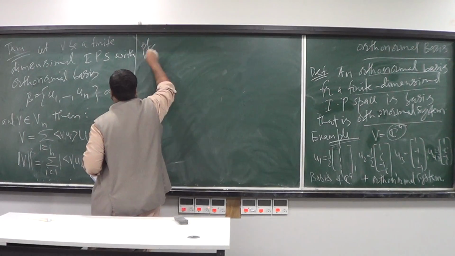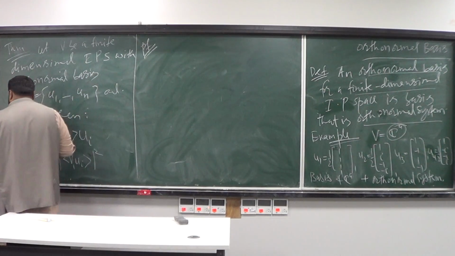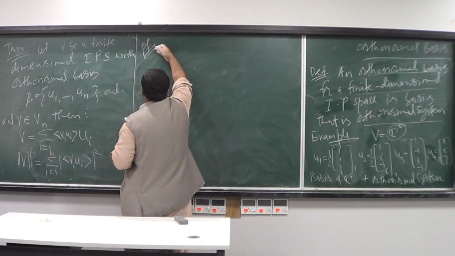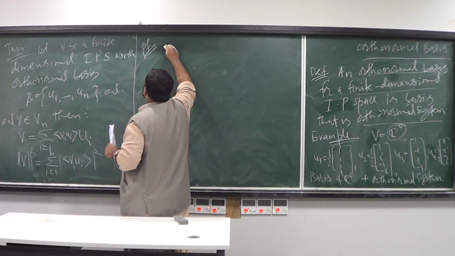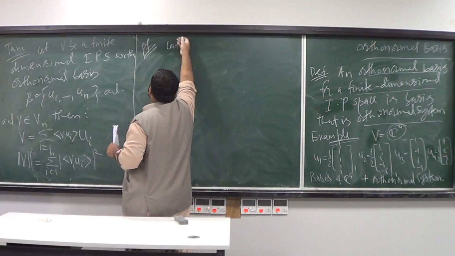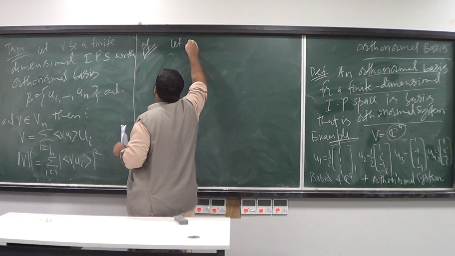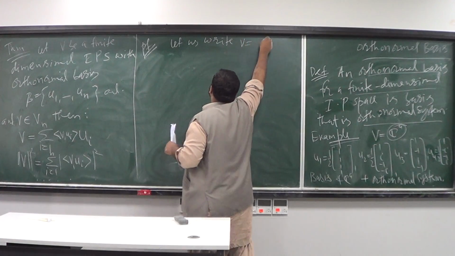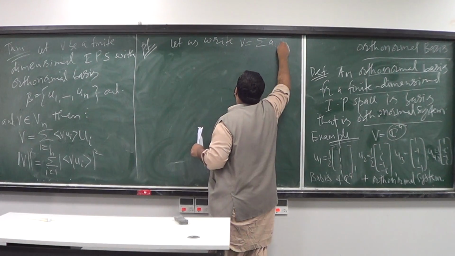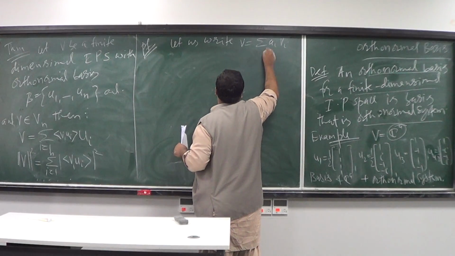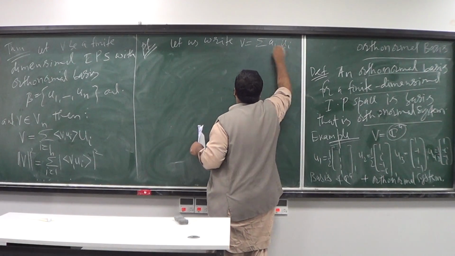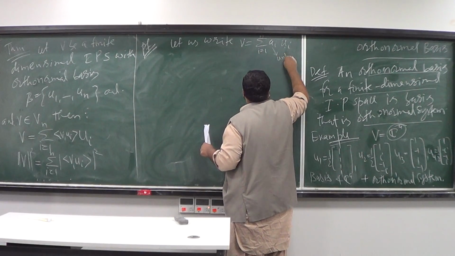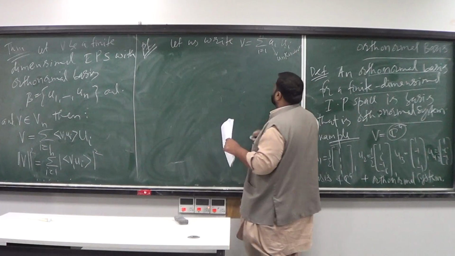So why is this the case? Maybe you can help me out in proving it. Let's calculate. Let us write v as a linear combination of the u_i's, the sum from i equals 1 to n, where these a_i's are unknown, so we don't know what they should be.